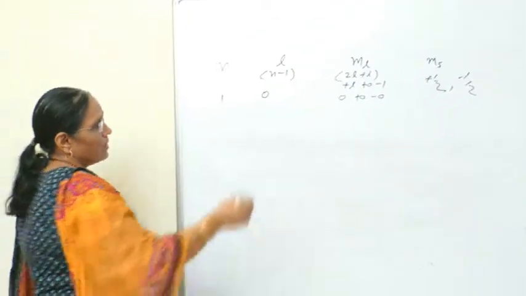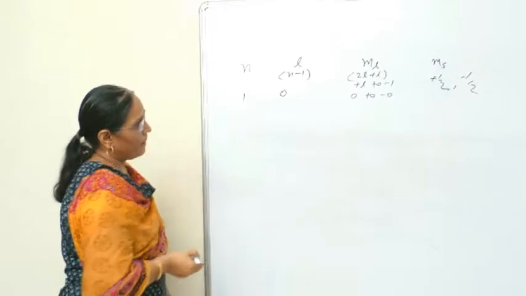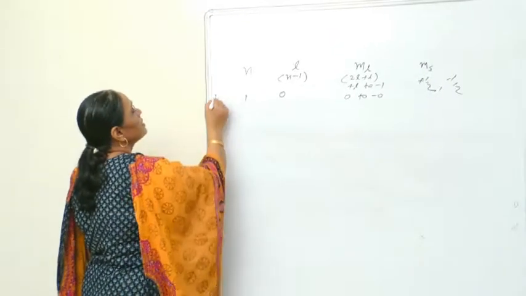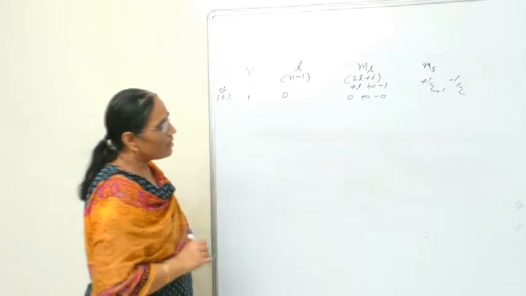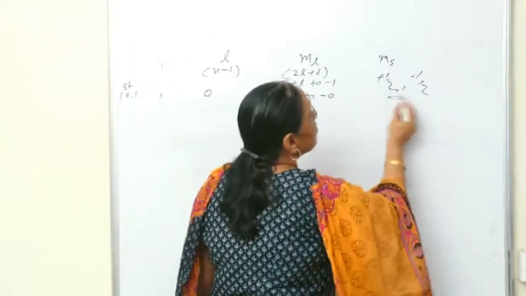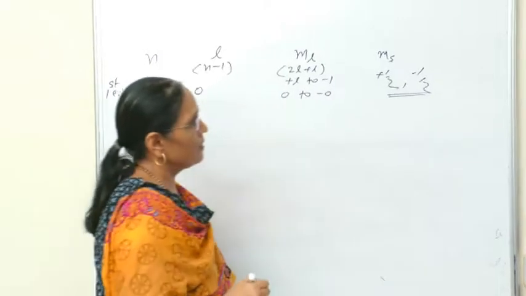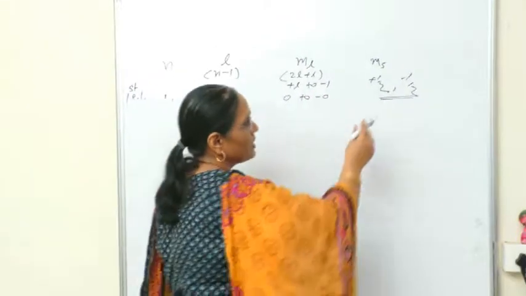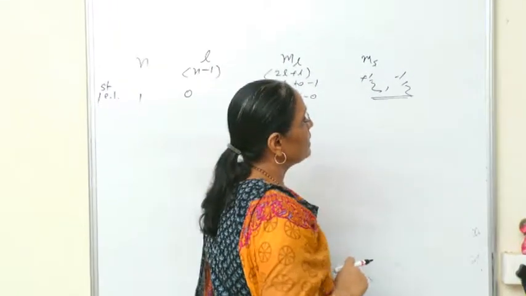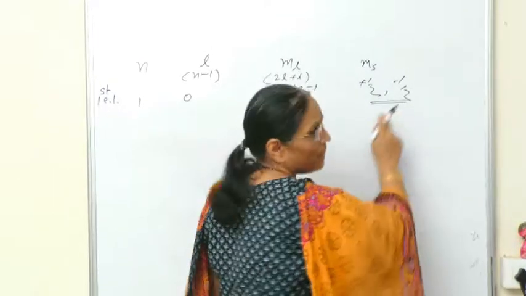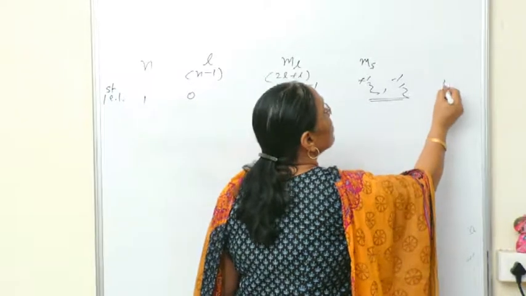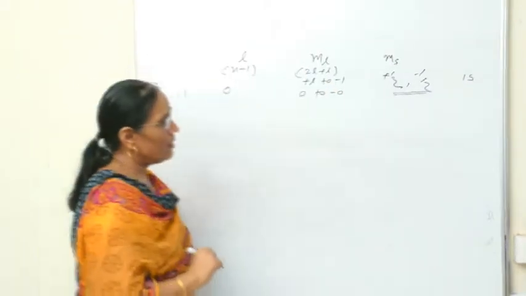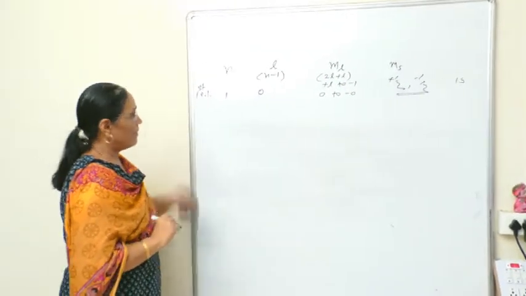So, when n is 1, the energy level is the first energy level, and it can accommodate only 2 electrons, one with spin quantum number +1/2 and other with spin quantum number -1/2. Therefore, there is only one orbital, the 1s orbital, in the first energy level.